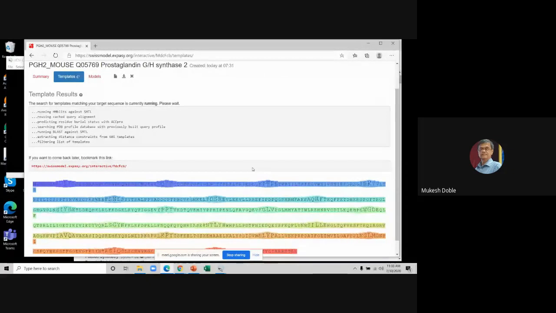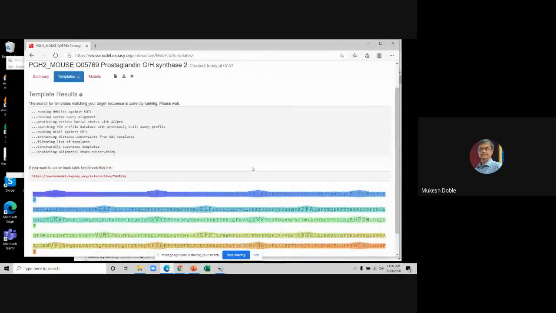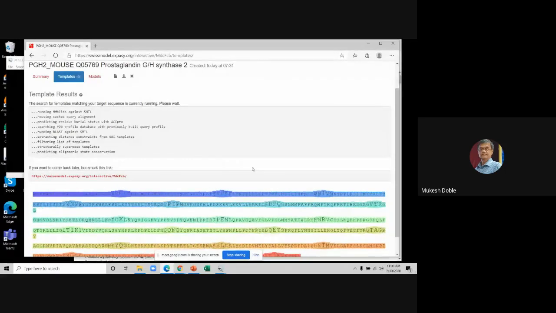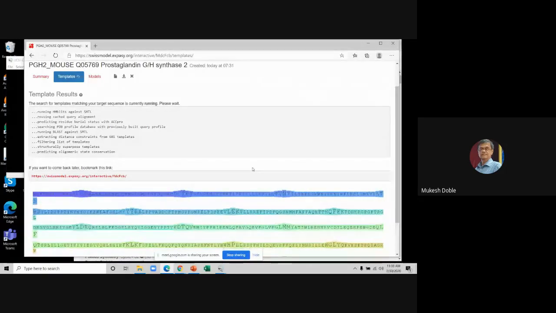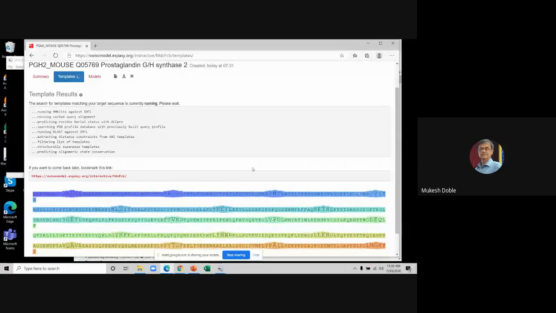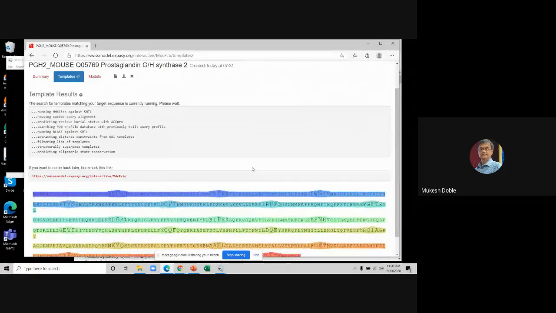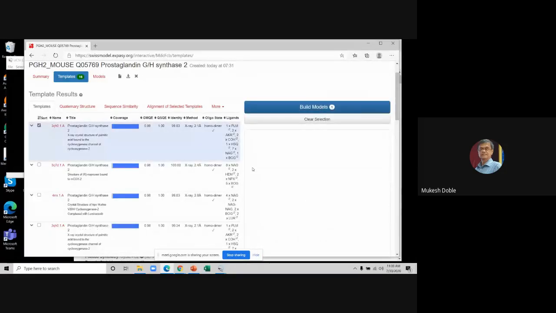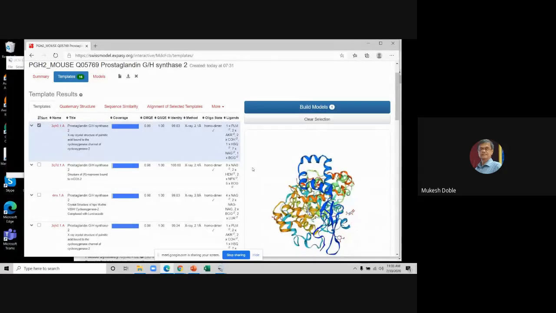That will be called the template, and the protein whose 3D structure we are building is called the model protein. Okay, that is the activity, just follow. It will take a little time. Okay, so it's done. Not bad. Fast.